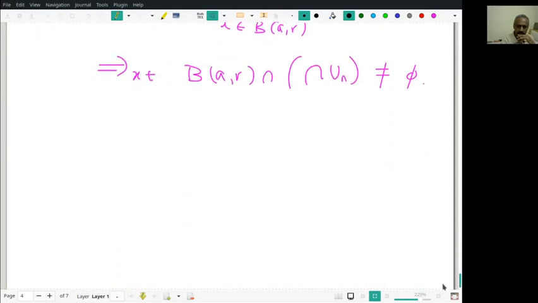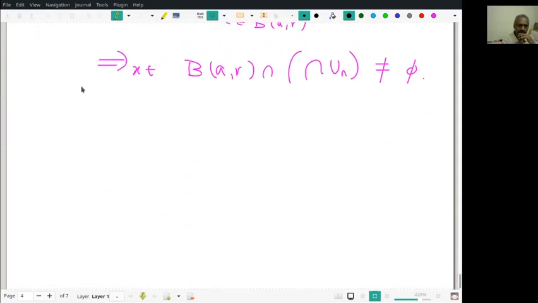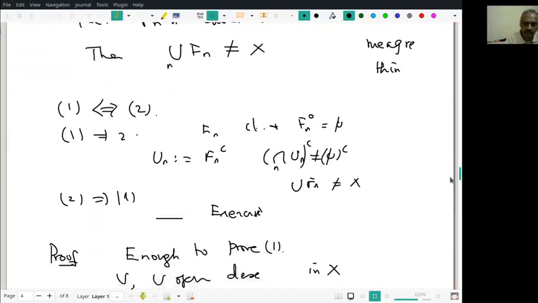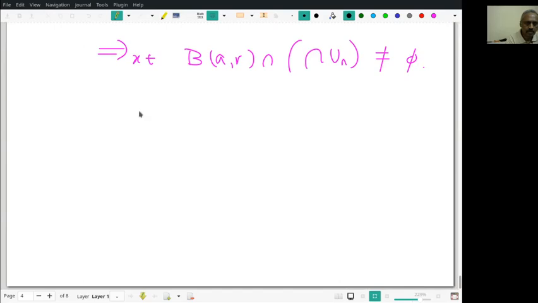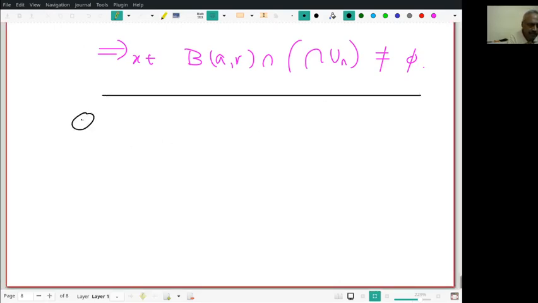Now just as before, let us look at Q with a discrete topology, discrete metric.